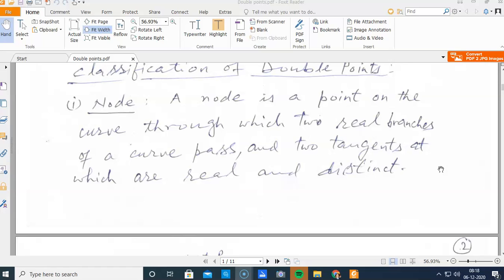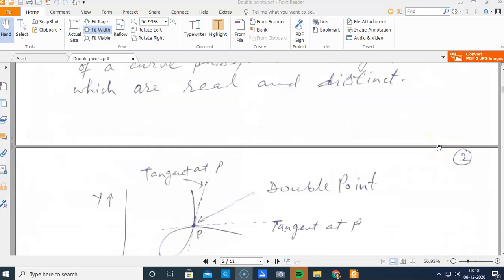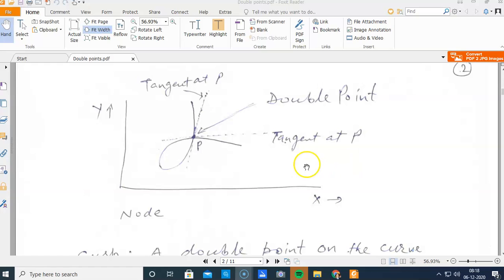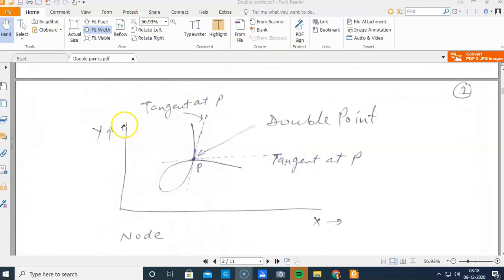Node. A node is a point on the curve through which two real branches of a curve pass and the two tangents at which are real and distinct. So just see this picture here, diagrammed here: x-axis, y-axis, and here this curve is going like this and then this.